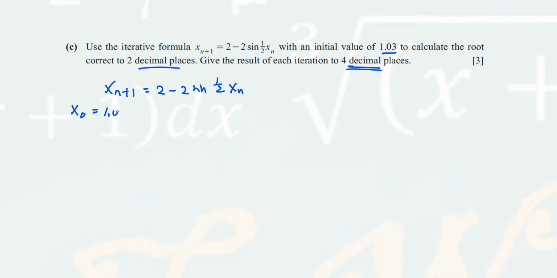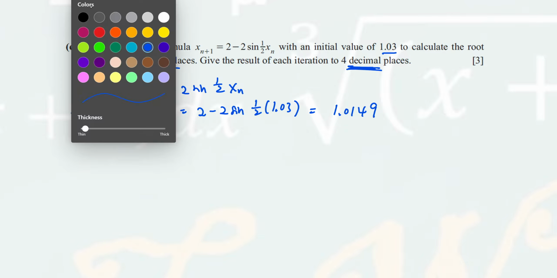So I will write x0 is 1.03. Now your x1 equals 2 minus 2 sine half of 1.03. Now, when you do calculation, make sure this is in radians mode and give 4 decimal places. It will be 1.0149.